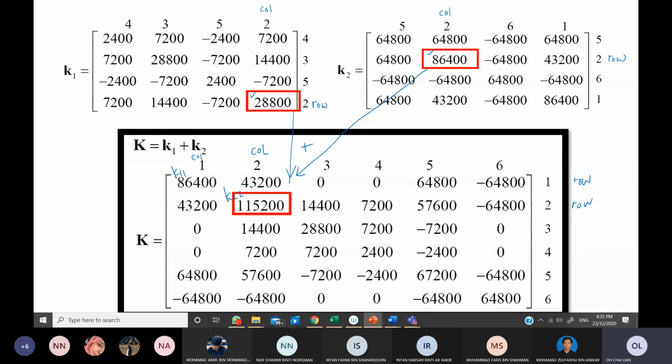So you move to K2. Then you find that there is a column number 1, row number 1. This one. So you can directly place this into K11. Okay, so this is how the structure stiffness matrix is formed.